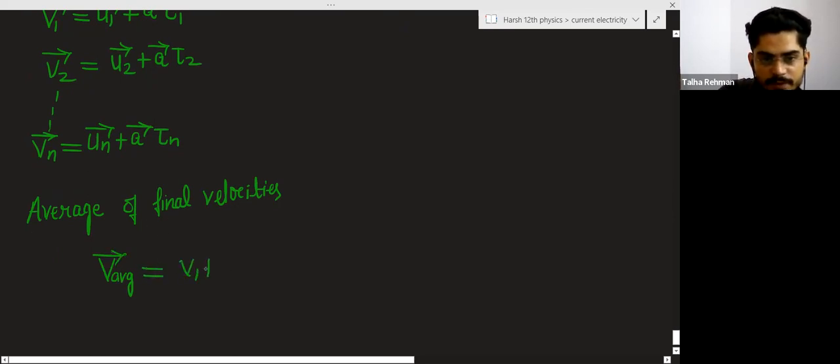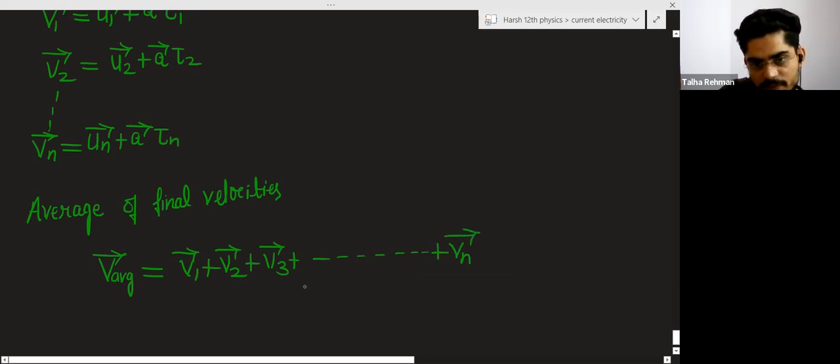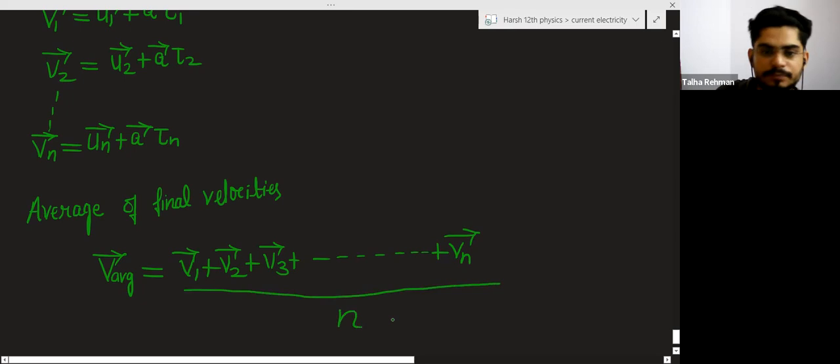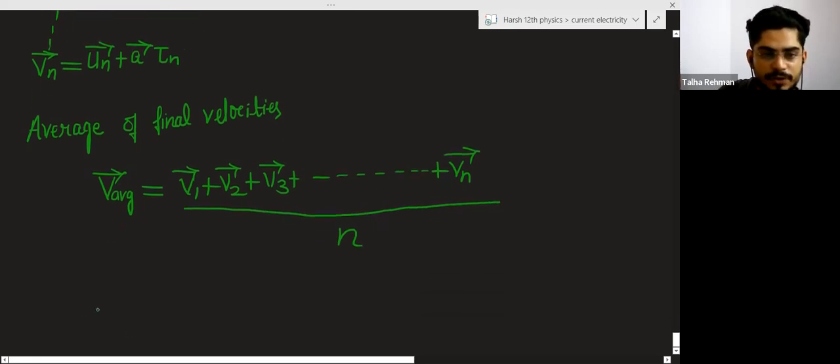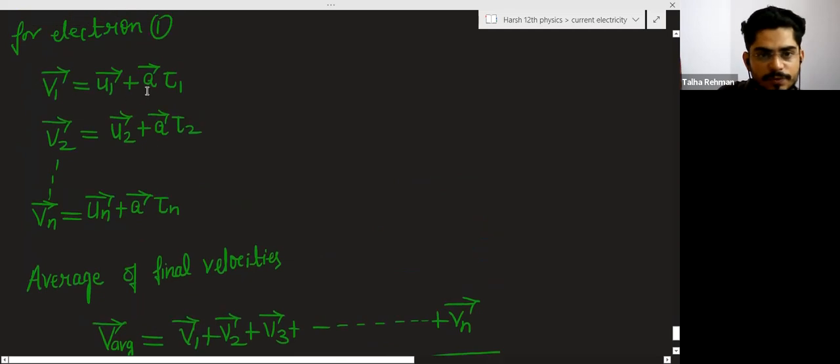This will become V1 plus V2 plus V3 and so on for n electrons, divided by n. N is the number of electrons. Now we will put the values of V1, V2, V3 here.